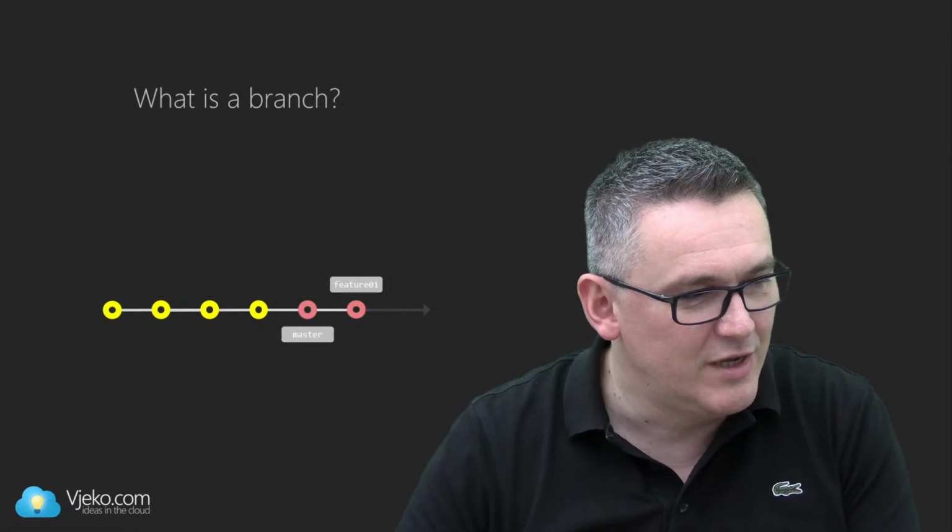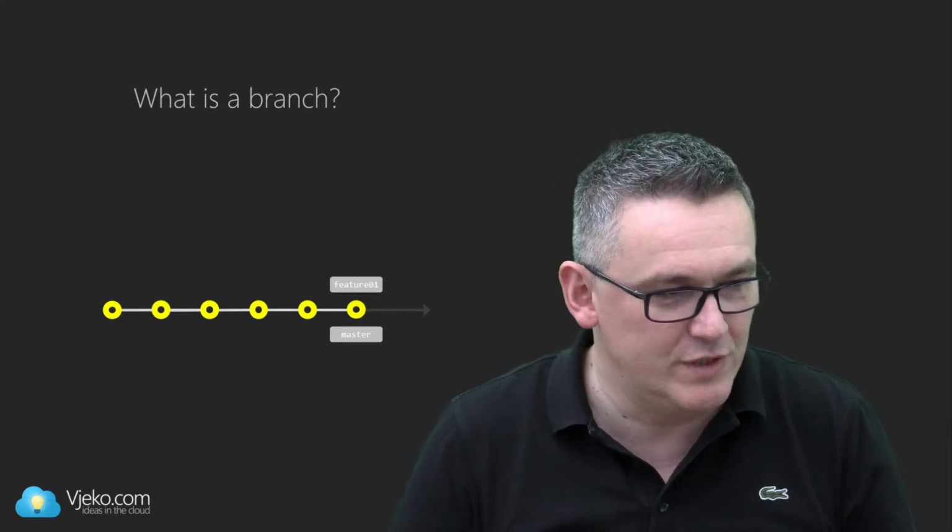So let's take a look. This is exactly what Git did at this point. Git has in fact simply updated the master pointer, and nothing else has happened. There was no new commit object. Nothing new has appeared in the objects folder inside the Git repository.